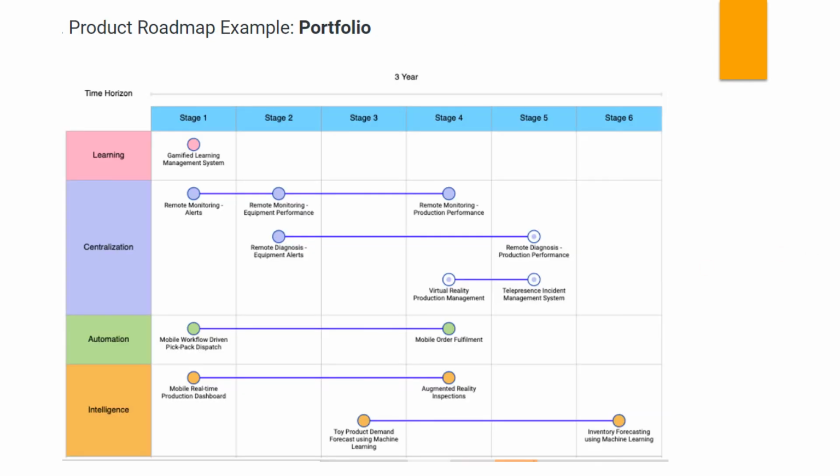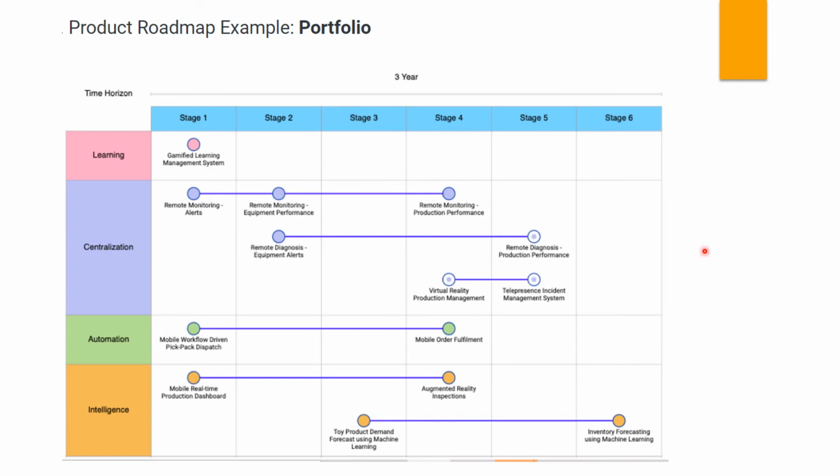This is an example of a portfolio-based product roadmap, right? So on the axis, you can define what portfolios are being built and their stages, and you can build the time horizon accordingly, right?